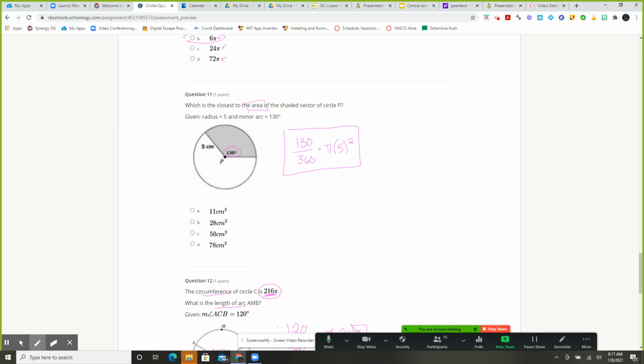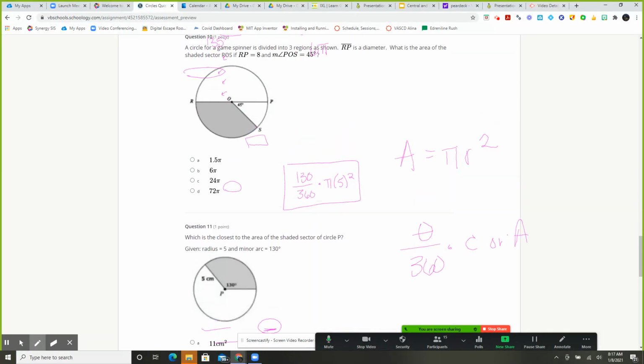So if we're looking for the area, it is pi r squared. You just have to remember that formula, the angle over 360, and then either multiplied by the circumference or multiplied by the area.